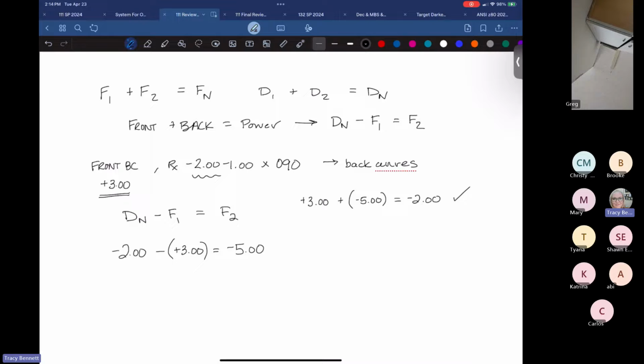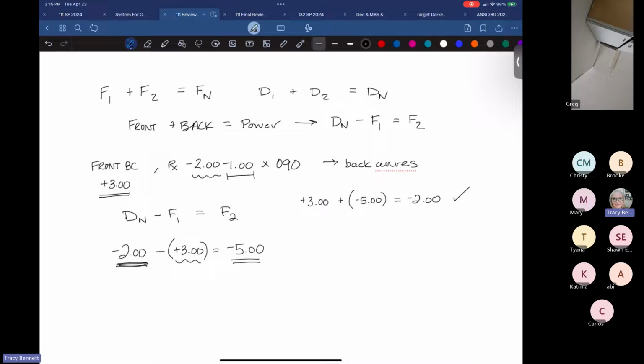All right. So to account for the cylinder, make sure that these are all in minus cylinder form, which I forgot to tell you, to help yourself out, and you can do it this way. We got a -5. This -5 with this front base curve is going to create that -2 lens power.